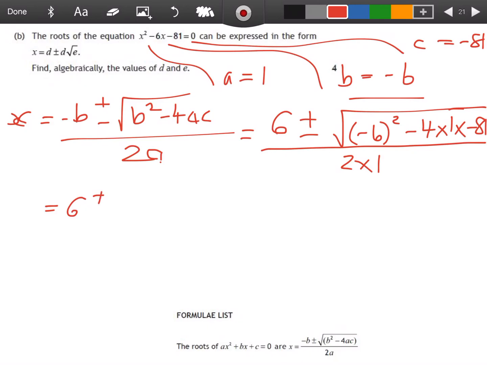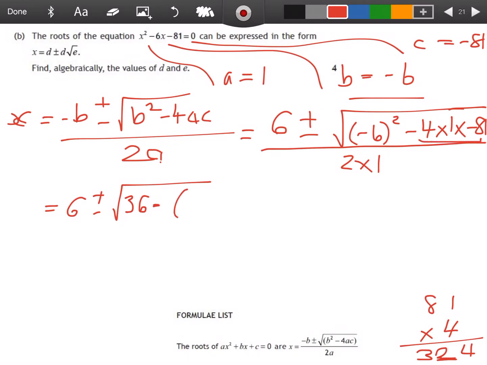So it's 6 plus and minus the square root of 36, take away 4 times negative 81. It's not that difficult. 4 ones are 4, 4 eights are 32. Take away, and remember it's 4 times negative 81, so it's negative 324, all divided by 2.